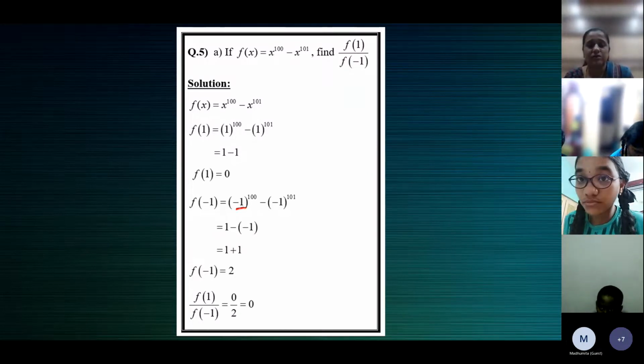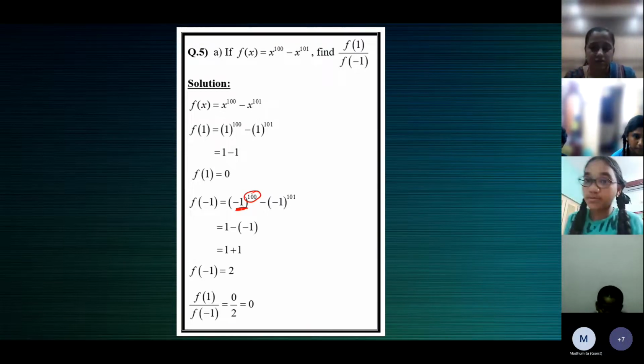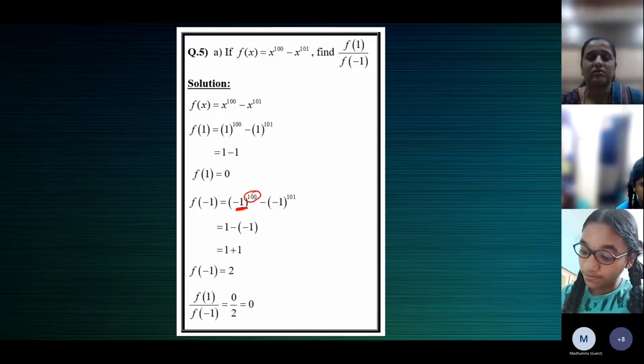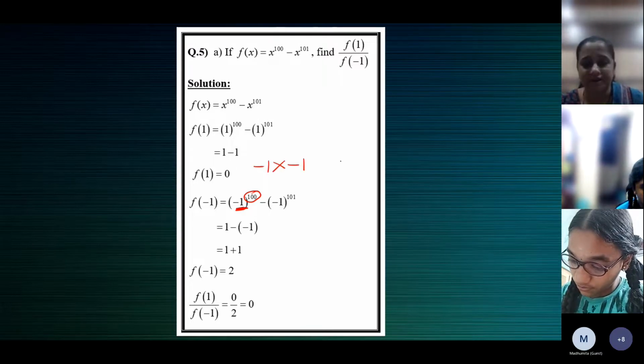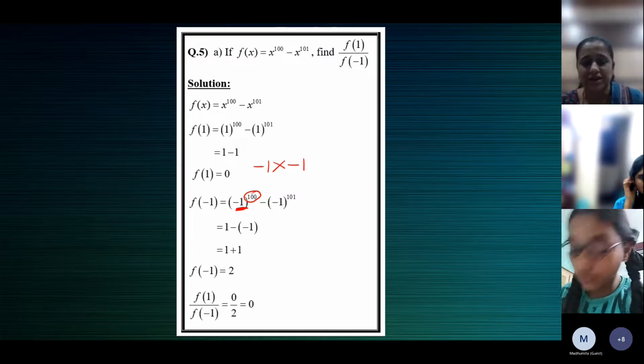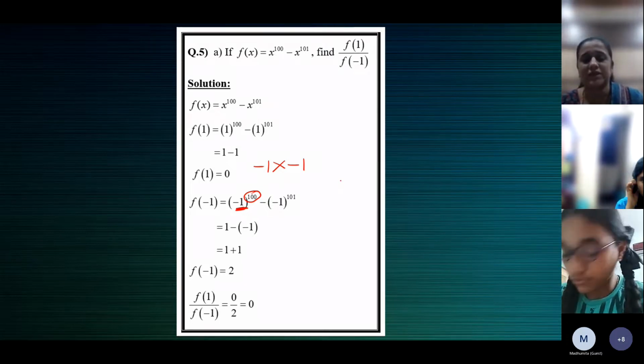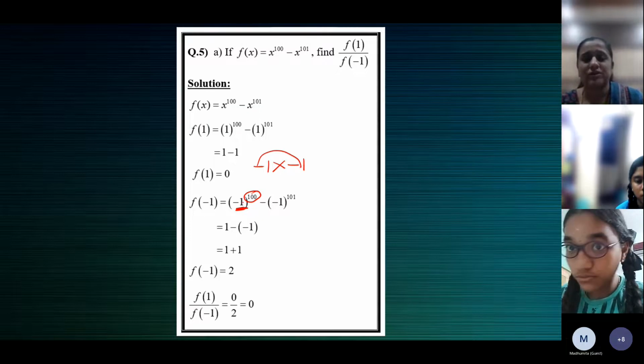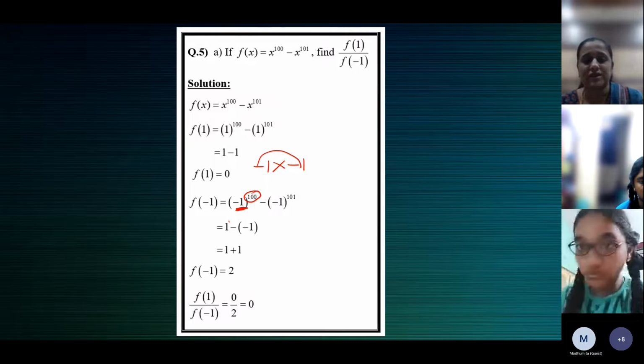So minus 1 raised to an even power. That means minus 1 is multiplied with itself 100 times, because the power is 100, and 100 times is an even number of times. So minus into minus is plus. When it's multiplied an even number of times, it will be a positive 1, plus 1.